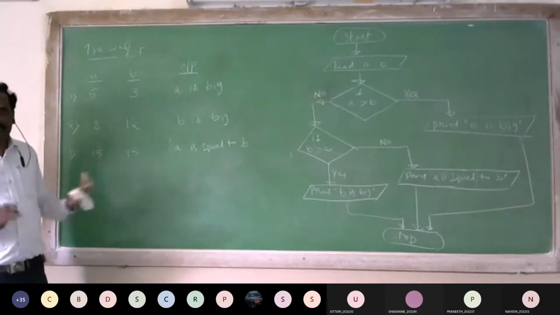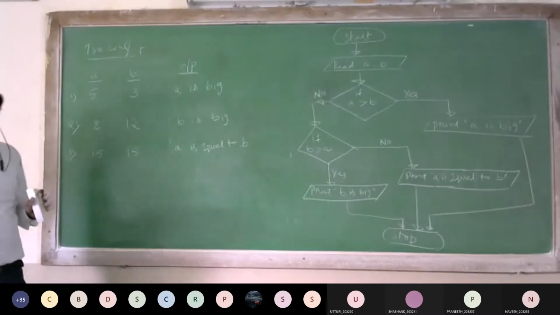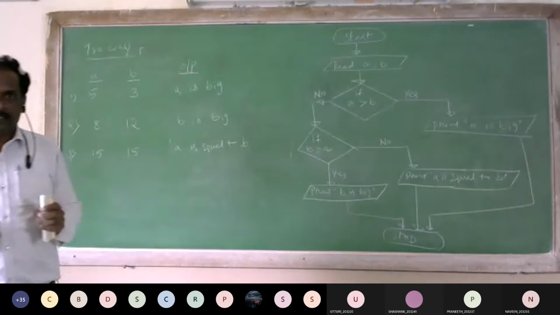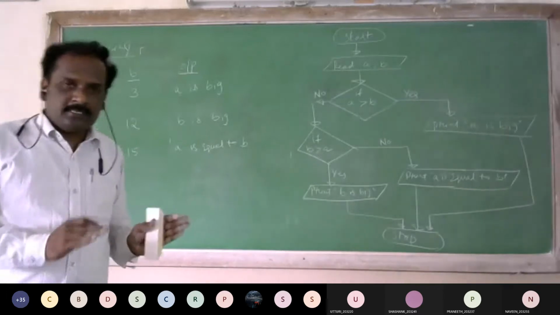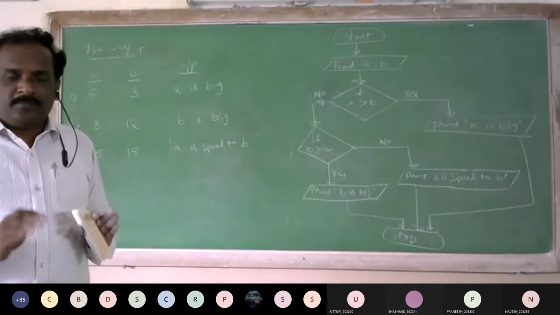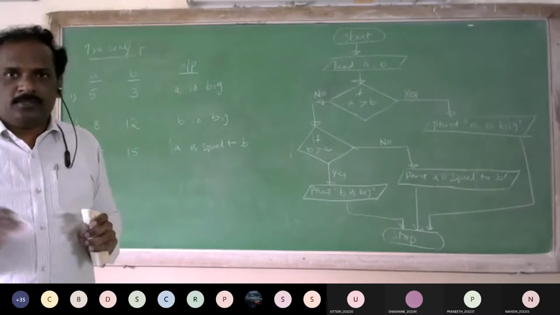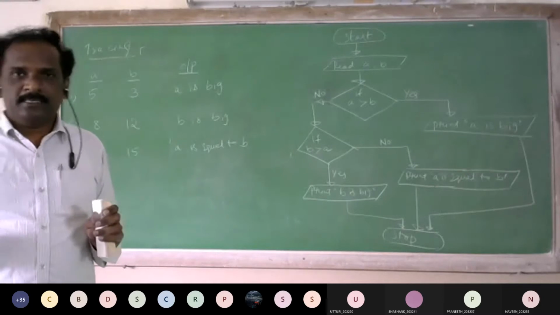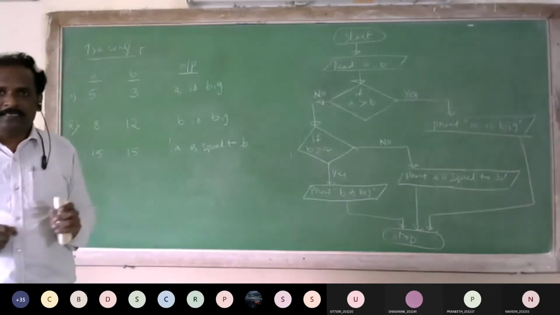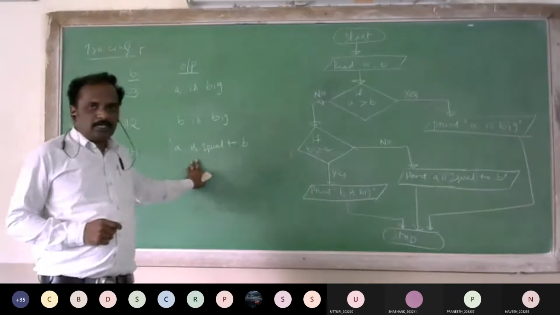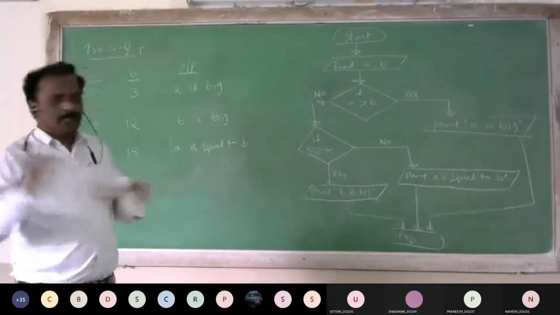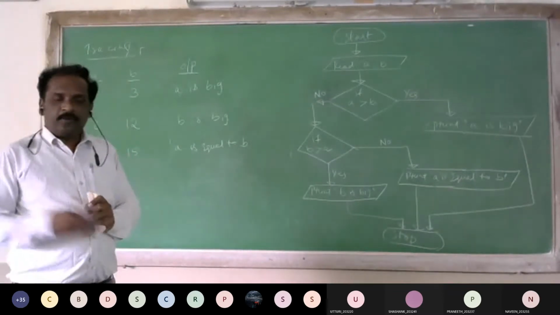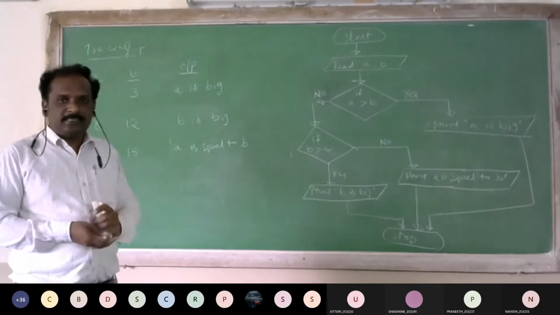Sir, can you explain? For our understanding purpose. Algorithm and flowchart are only for user understanding. We will use this algorithm or flowchart for understanding the problem solution, how the problem is solved in a step-by-step manner. After understanding this algorithm and flowchart, then we are going to the programming. For writing the program, we need to learn some constructs.